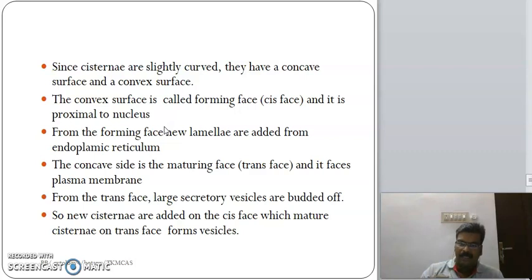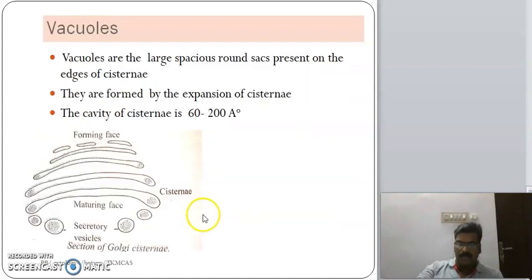It is the area of new cisternae formation, and it is proximal to the nuclear membrane, because from the endoplasmic reticulum, often these lamellae are added to the Golgi apparatus. The concave side is the maturing phase, and from that region cisternae will degenerate into vacuoles and vesicles, and they will be released into the cytoplasm.